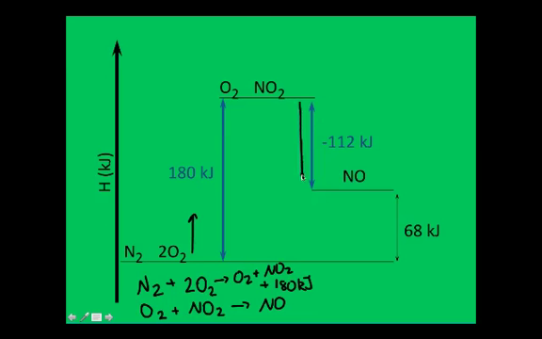In this process we're going down in energy, so we have a negative 112 kilojoules for that step. And then the next step took us from NO. That's it. That's all the steps. This is where we end up. And so the overall is going to be the sum of 180 minus 112, which is equal to 68 kilojoules.